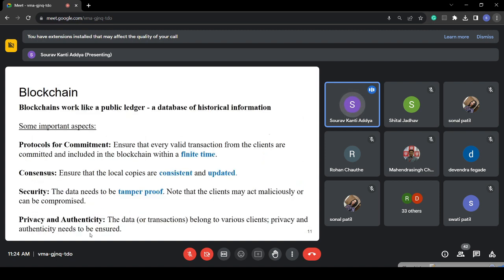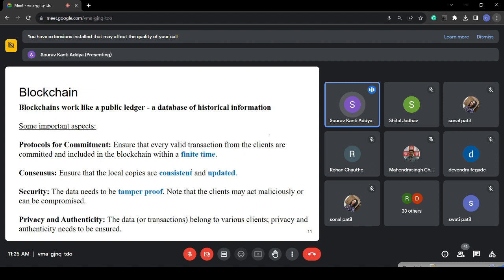So if we go further, blockchain works like a public ledger, a database of historical information. Some important aspects: a protocol for commitment ensures that every valid transaction from the clients is committed and included in the blockchain in finite time. I have highlighted this particular term, finite time.